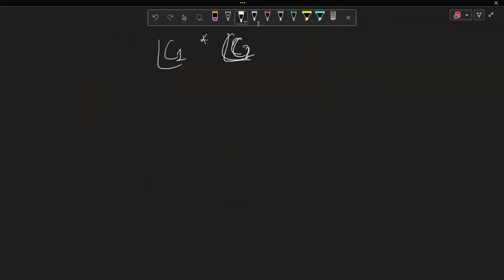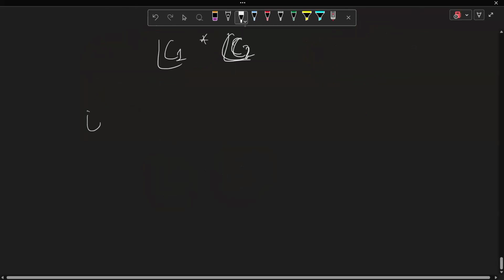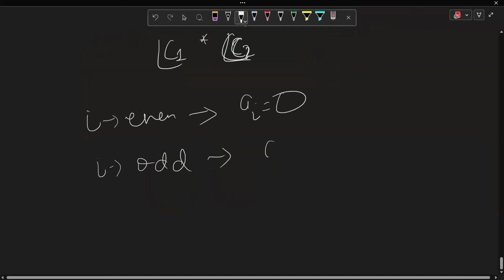But this is the case where for every odd index, the value is known. So you are given that for every even index the value is 0. But for every odd index, A[i] can be 0 or A[i] can be non-zero. It can be anything.